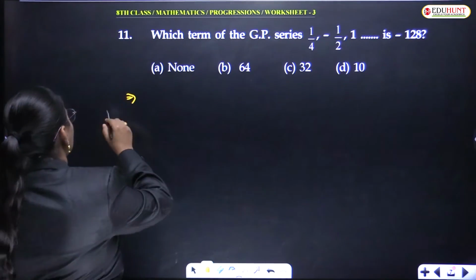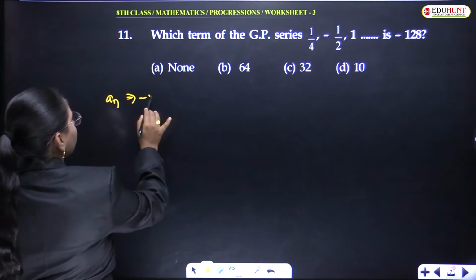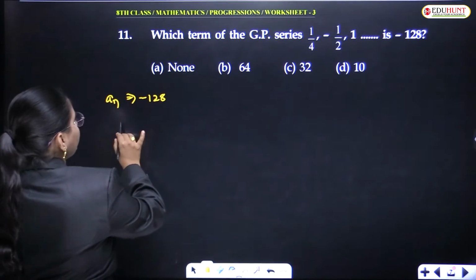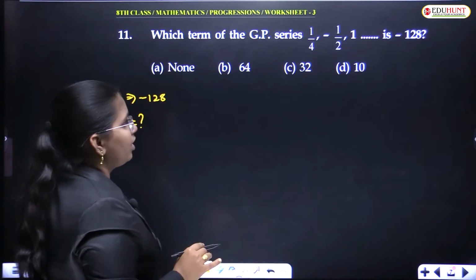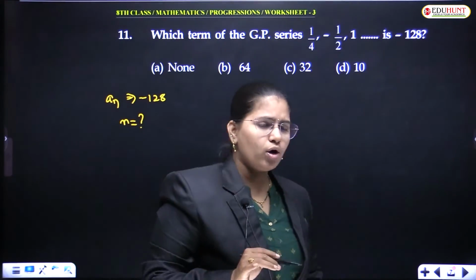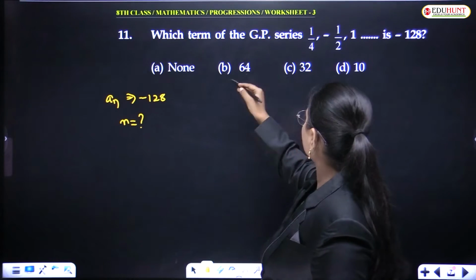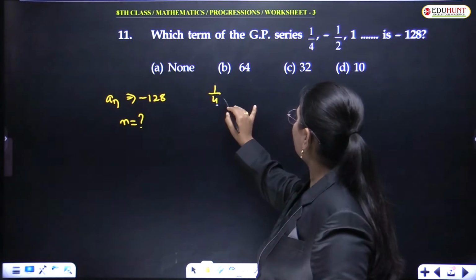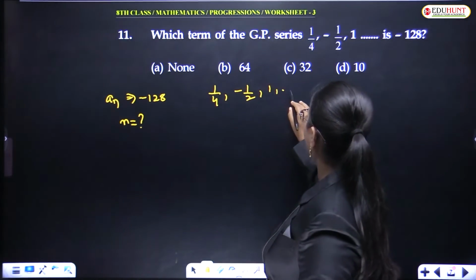So here they gave AN is equal to minus 128. You need to find at what place n it is taking minus 128. They gave you the terms of the GP: 1 by 4, minus 1 by 2, 1 and so on.